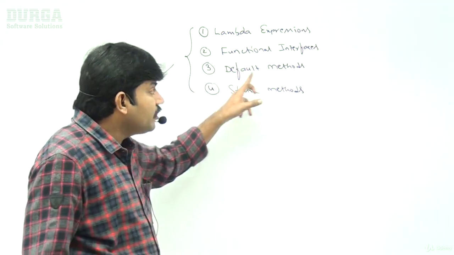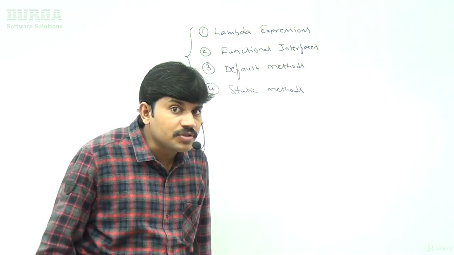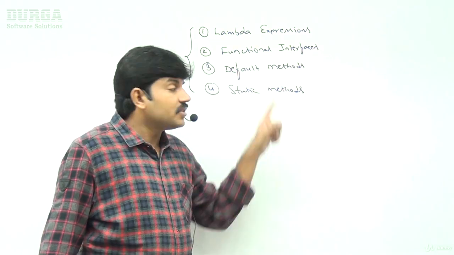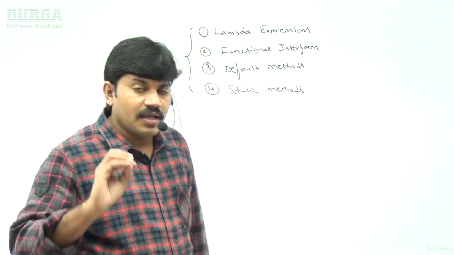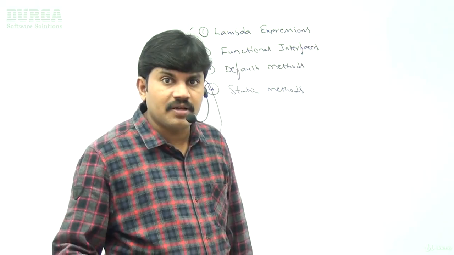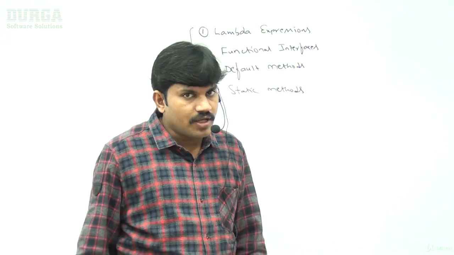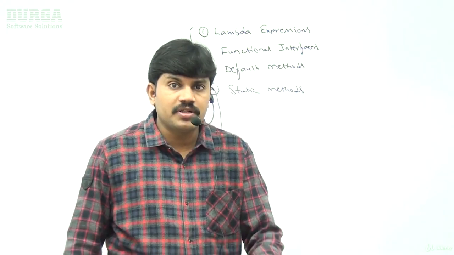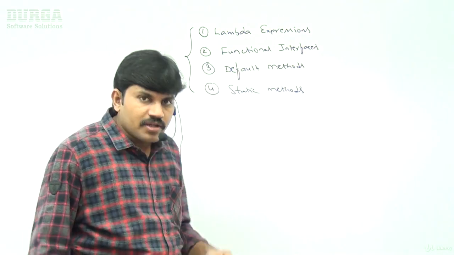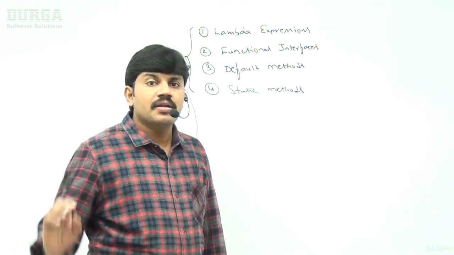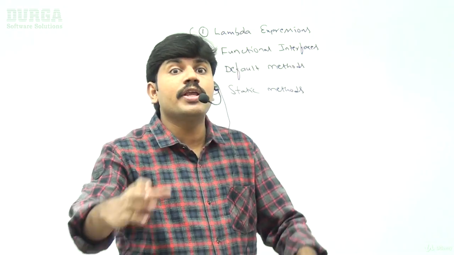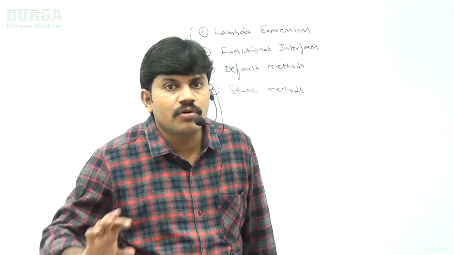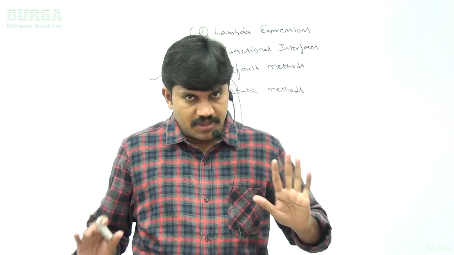But from the 1.8 version onwards, we are allowed to define default methods inside an interface. These default methods have an implementation. It's a concrete method, but with the default keyword. I explained in the last videos the need and purpose of default methods. And from 1.8 onwards, we are also allowed to declare static methods inside an interface, including the main method. That's why from 1.8 onwards, an interface can also be run from the command prompt. Clear for all of you?